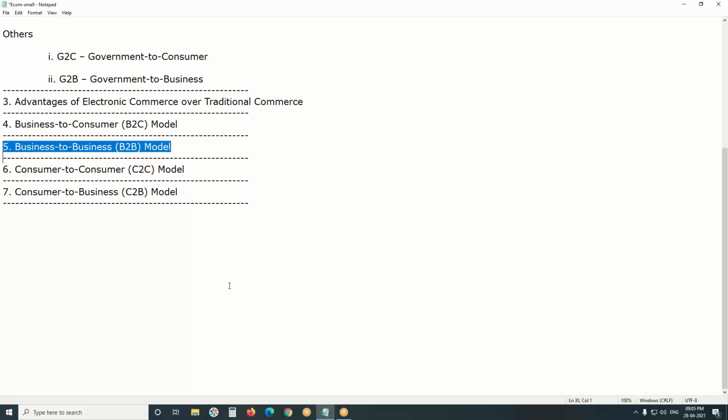Next, B2B transactions can include bulk pricing, larger quantity orders, or specialty products that an average consumer would never need on a day-to-day basis.